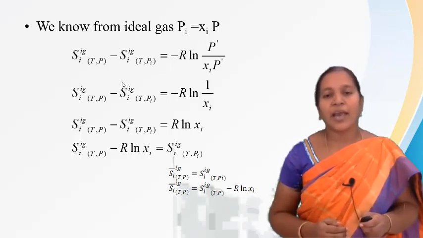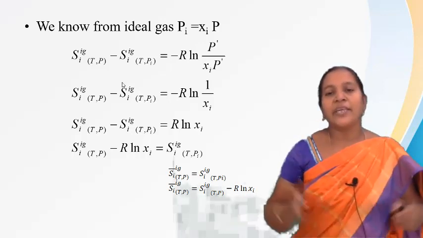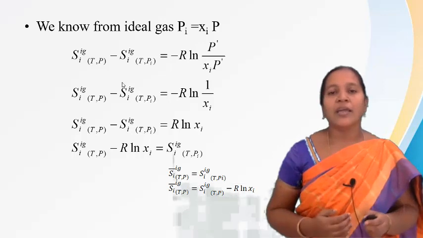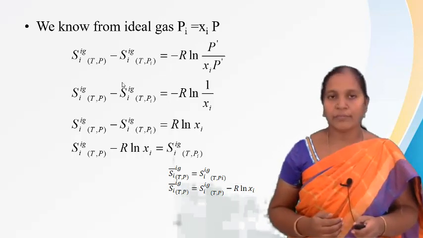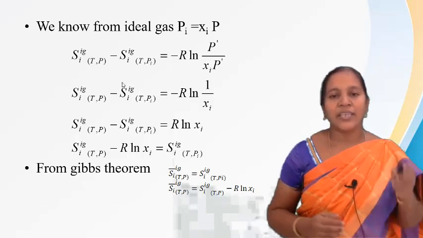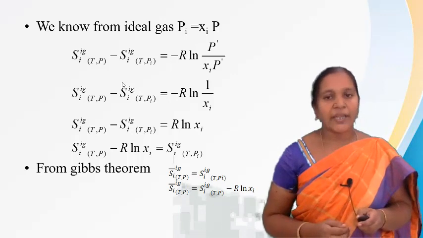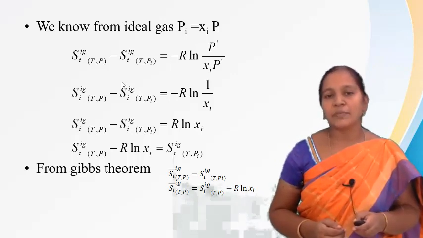Therefore, S_i bar ig at T, P is equal to S_i^ig at T, P minus R ln Xi. From Gibbs theorem, S_i bar ig at T, P is equal to S_i^ig at T, Pi. Then substitute this.